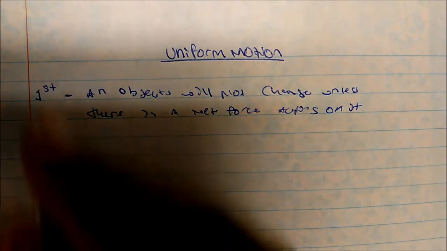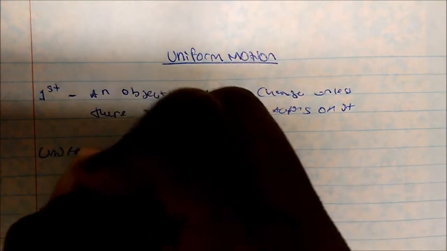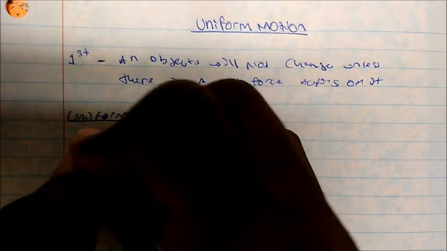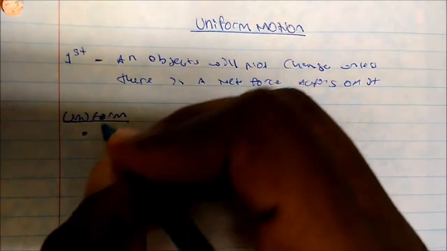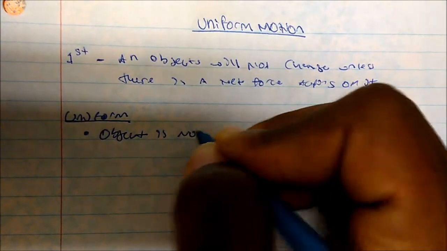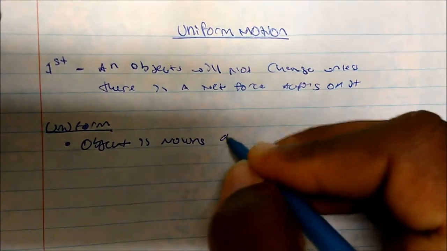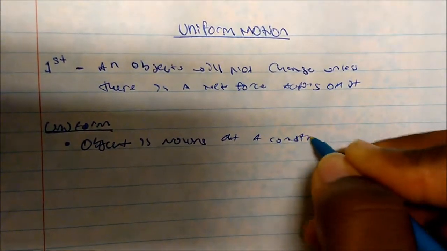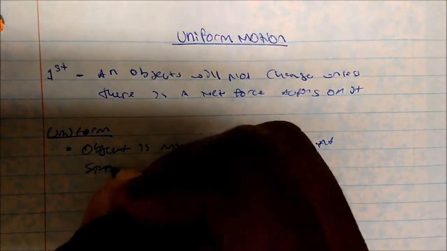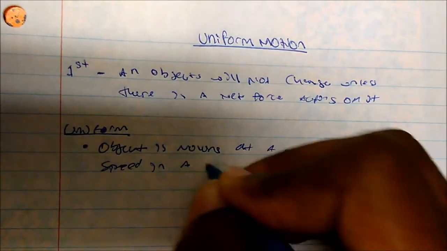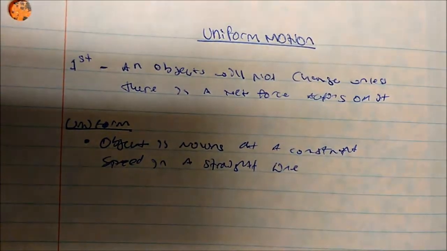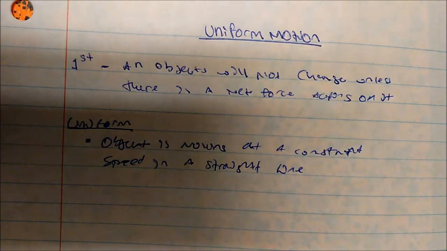So when we talk about uniform motion, we have a couple of cases, but we're going to talk about two. We say an object is in uniform motion when an object is moving at a constant speed in a straight line.